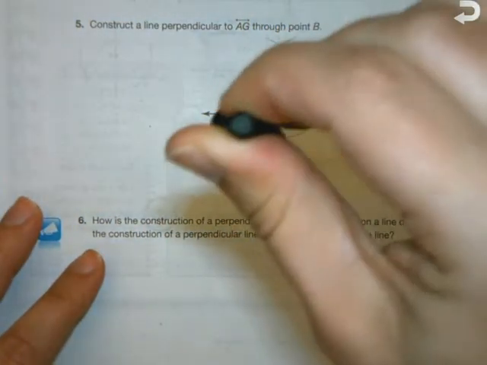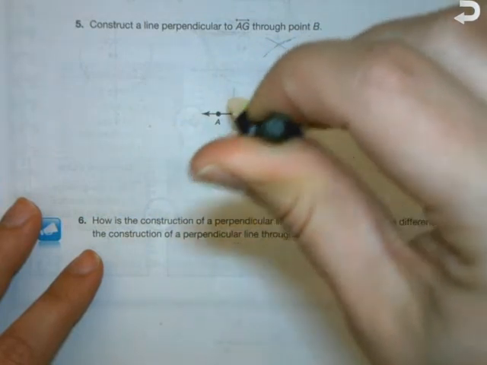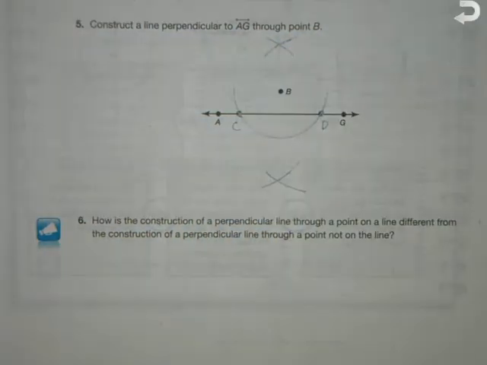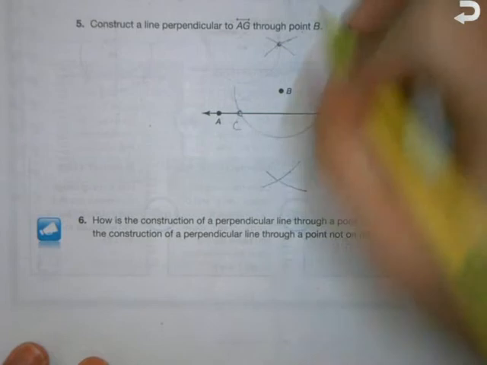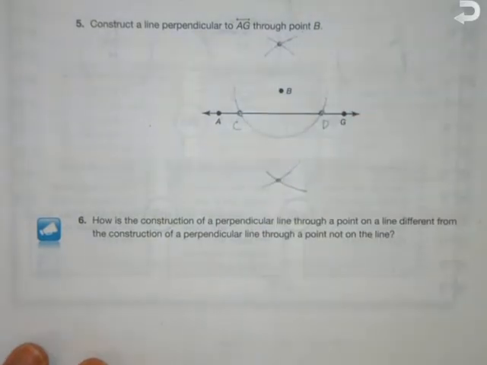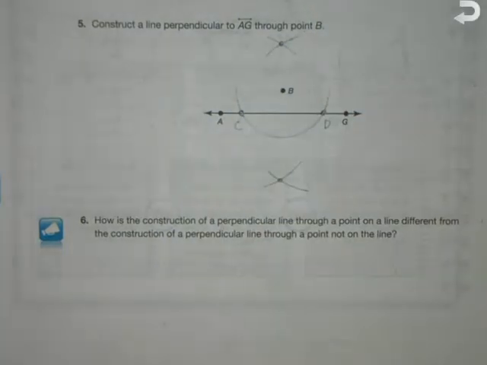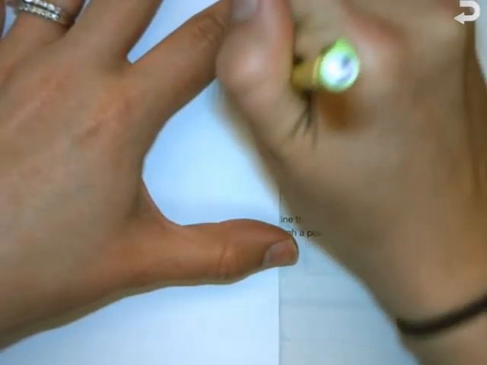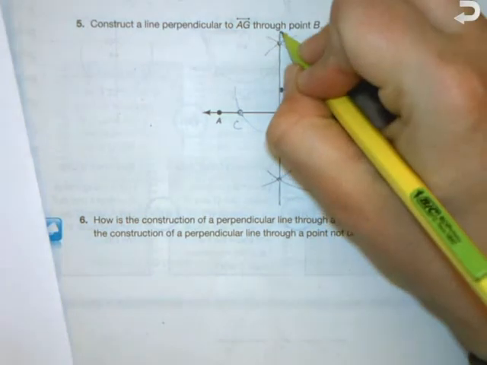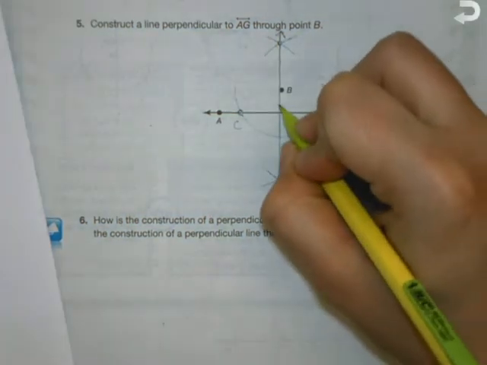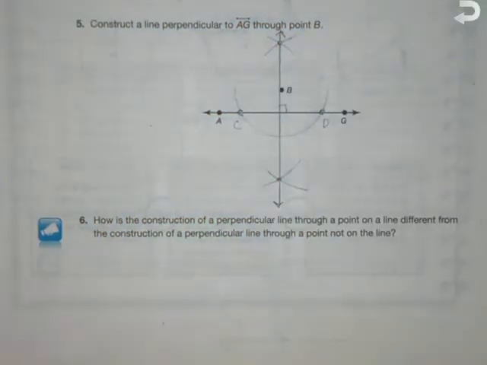And you're going to make an arc above. And you're going to make an arc below. And our intersection points should still line up. Okay. So as we go through, your intersection points should still line up, and then that line is perpendicular to the other one.